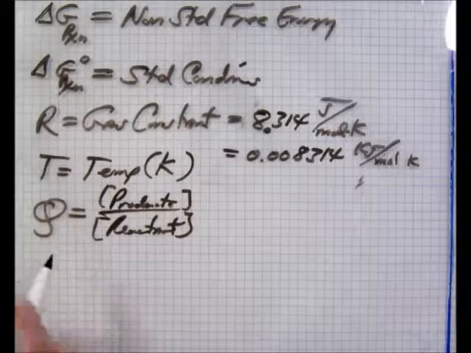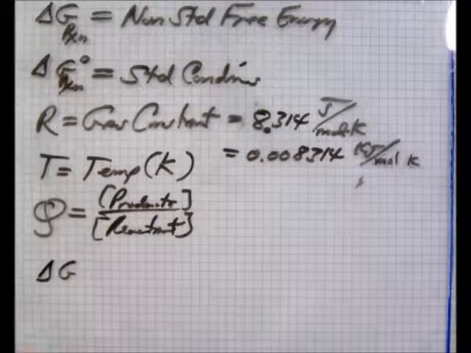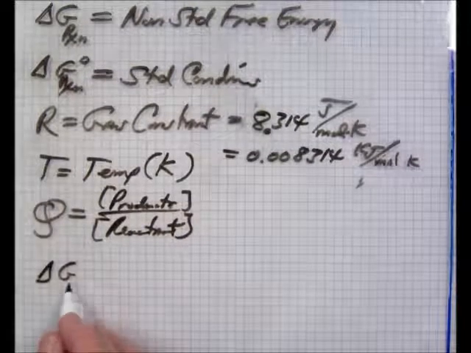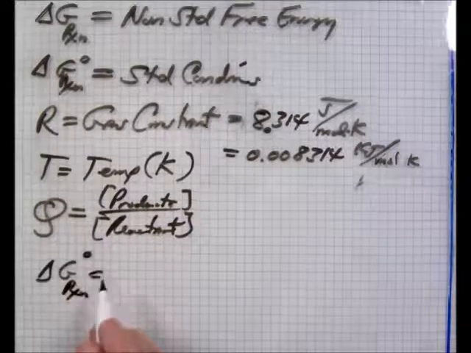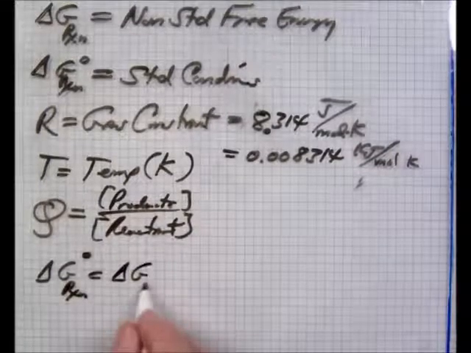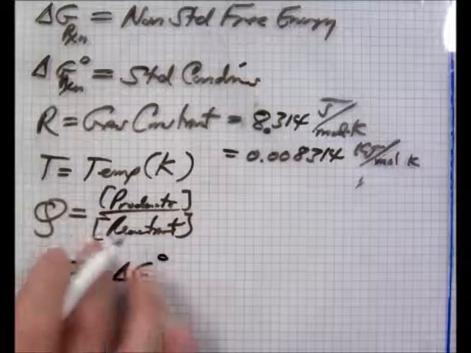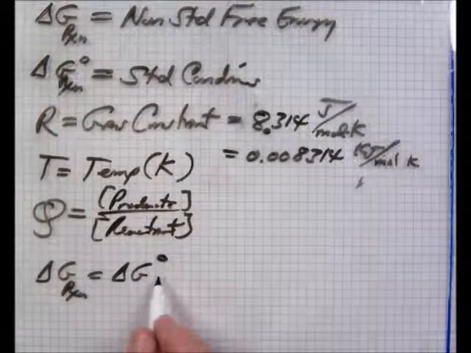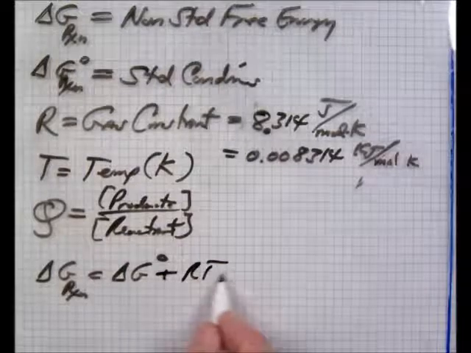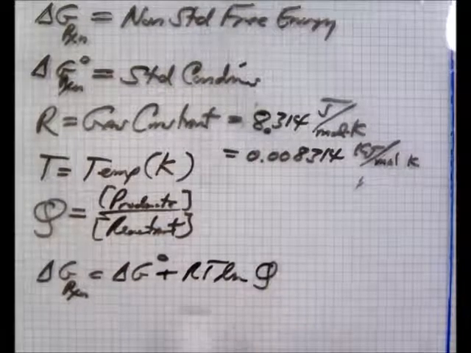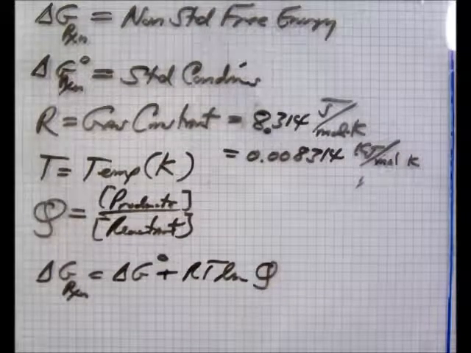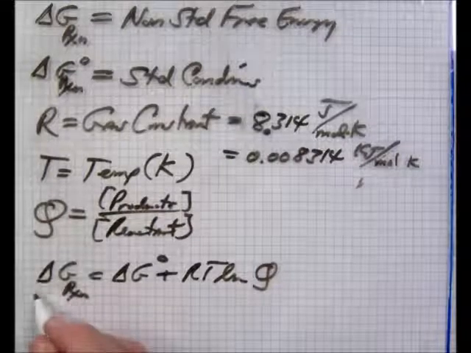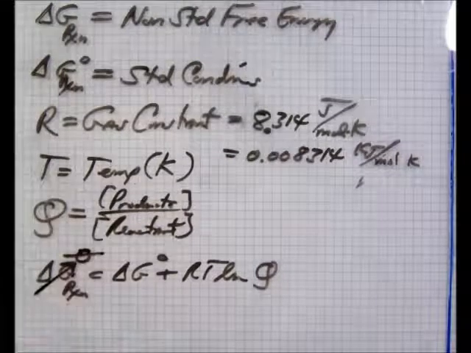But at equilibrium, delta G of reaction is equal to delta G non-standard, let's put it that way: delta G naught plus RT ln of Q. If we're at equilibrium, this term goes to 0.